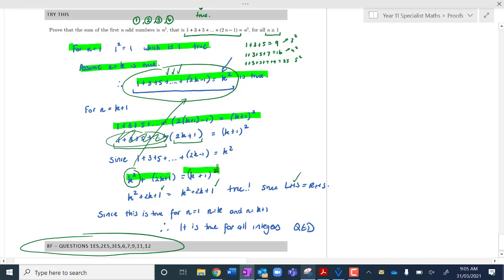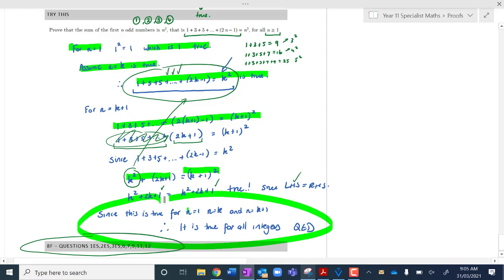Which indeed it is. So we've got k squared plus 2k plus 1, which is indeed the right-hand side. So therefore, it is true for n equals k plus 1. And of course a concluding statement: since it's true for n equals 1 and n equals k plus 1, it's true for all integers.